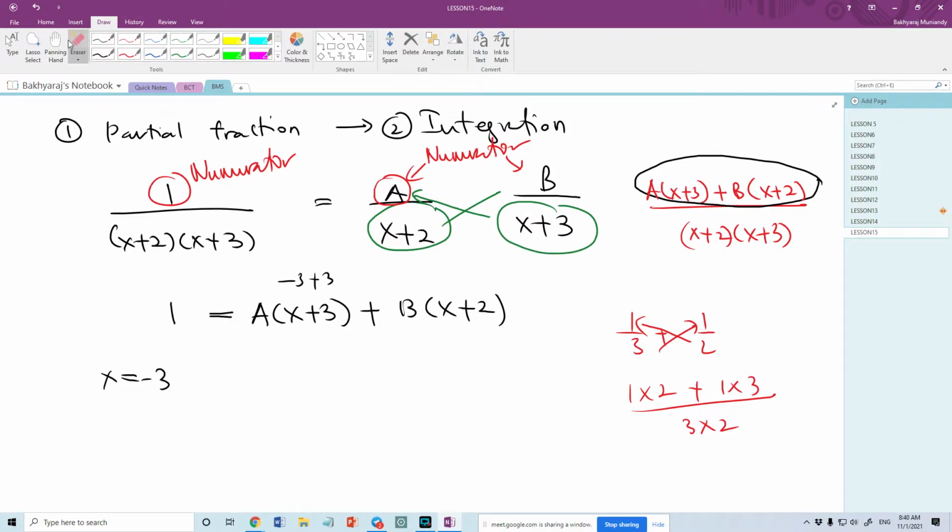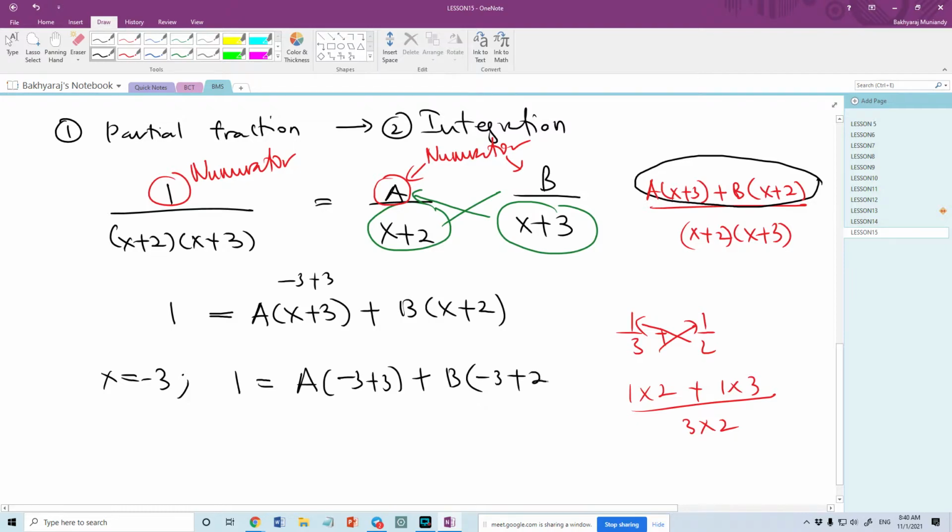I want to substitute negative 3. So when I substitute negative 3, I get 1 equals A times 0, because negative 3 plus 3 becomes zero, plus B times (negative 3 plus 2).